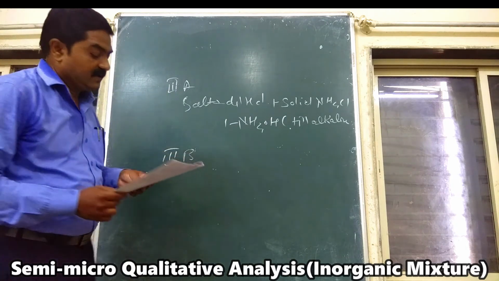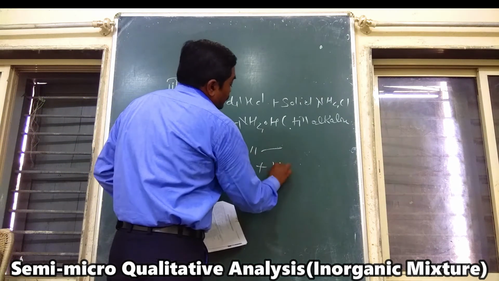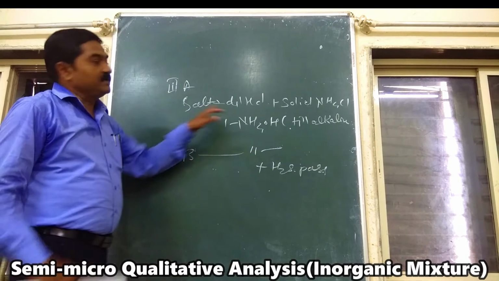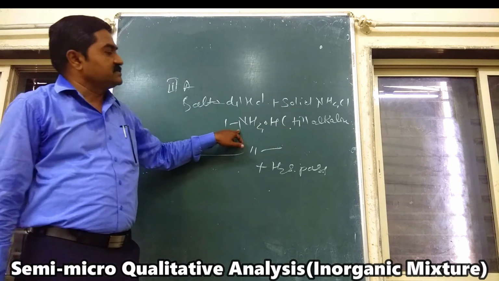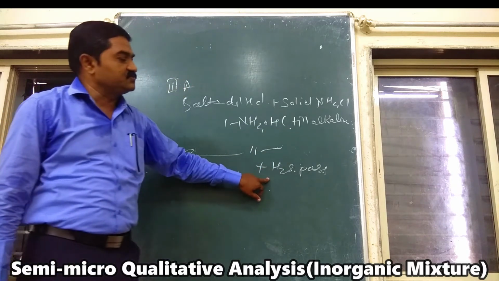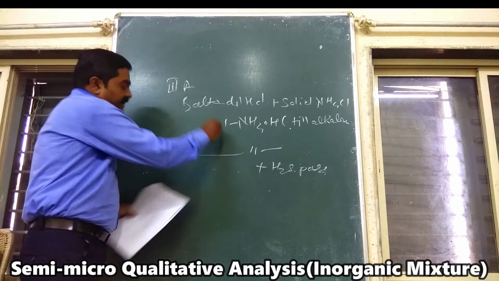Also in the third B, again the same, first pass the H2S gas. Salt plus dilute HCl, solid ammonium chloride plus ammonium hydroxide till excess, and again pass the H2S gas. This is the test of the third B group.